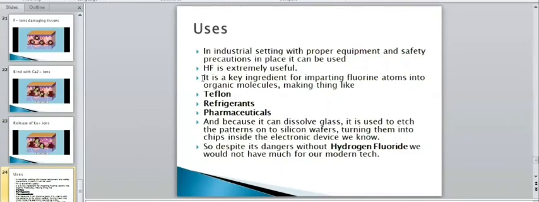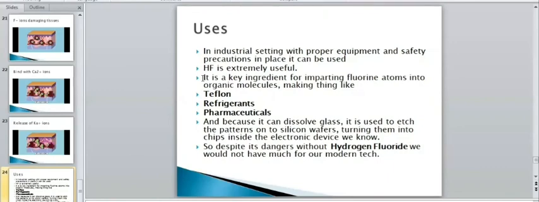And because it can dissolve glass, it is used to etch the patterns on silicon wafers, turning them into chips inside electronic devices. It is also used to make electronic chips. As I said, it has glass etching properties, so despite its dangers, without hydrogen fluoride we would not have much of our modern tech.